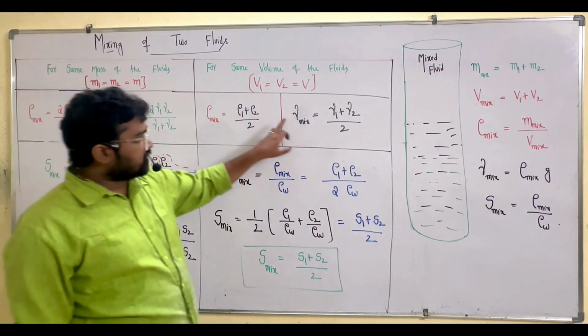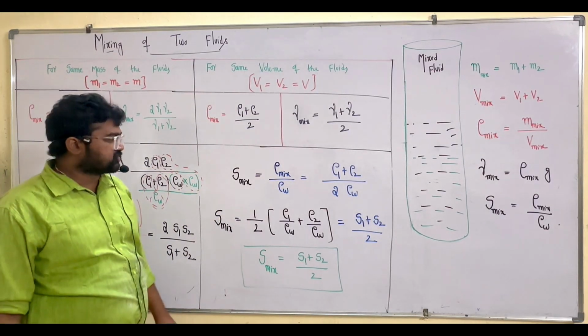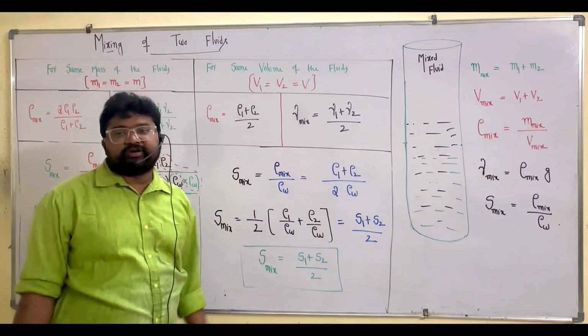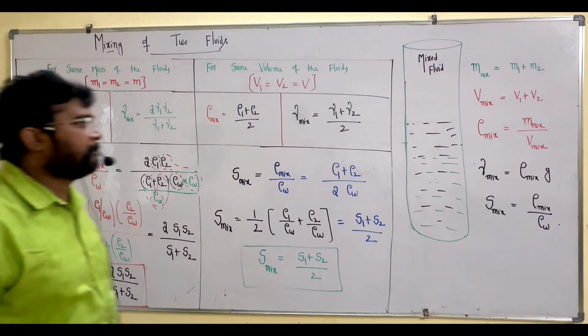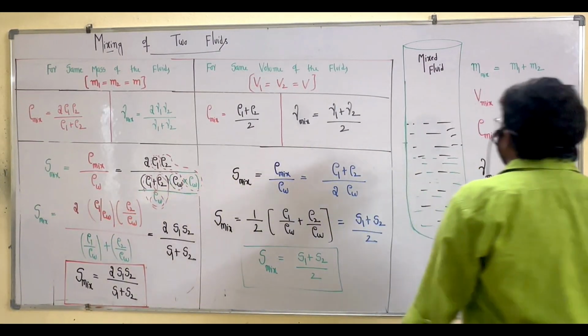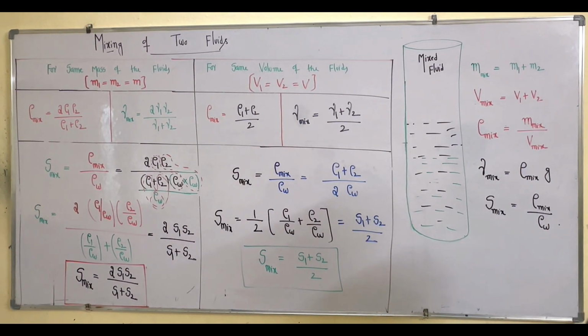Rho mixture, weight density of the mixed fluid, specific gravity of the mixed fluid: total 6 derivations. M mixture, volume mixture, density of the mixture, mixed fluid. Understood?